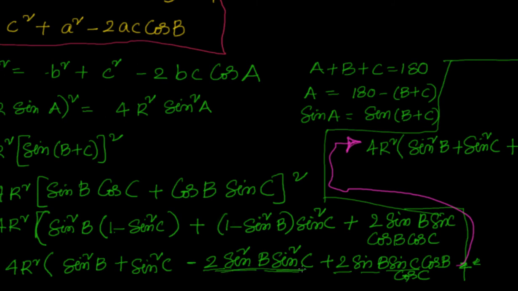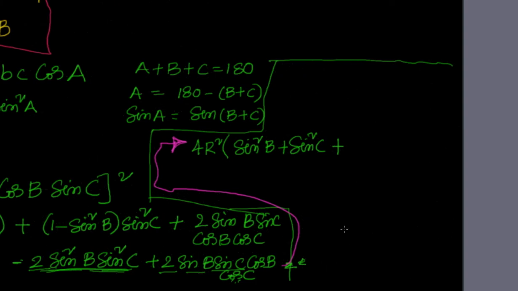If I take 2 sin B sin C common, I will have cos B cos C minus sin B sin C, which is nothing but equal to cos of B plus C. I will write it: 2 sin B sin C into cos B cos C minus sin B sin C. This is what you will have.